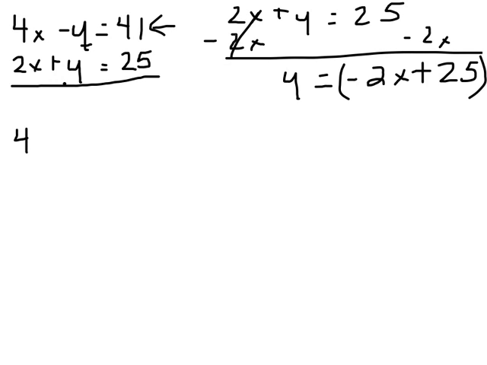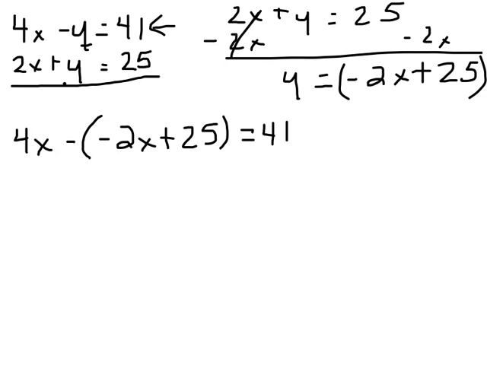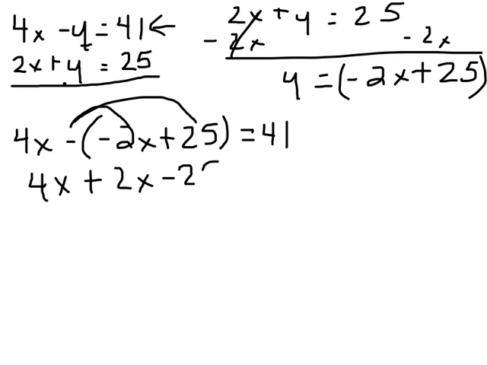So 4x minus negative 2x plus 25 equals 41. Now this minus sign has to distribute over both these terms, so that means it's going to change their value, change the sign. So I have 4x plus 2x minus 25 equals 41.